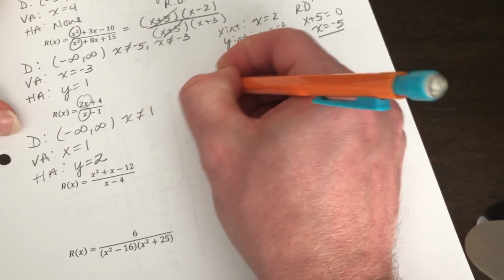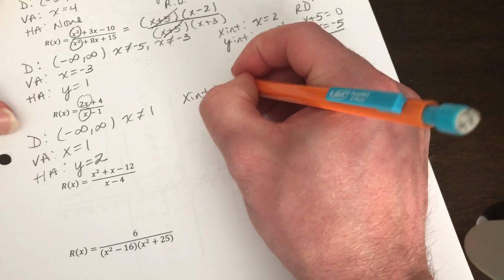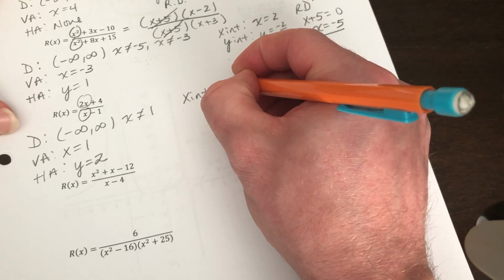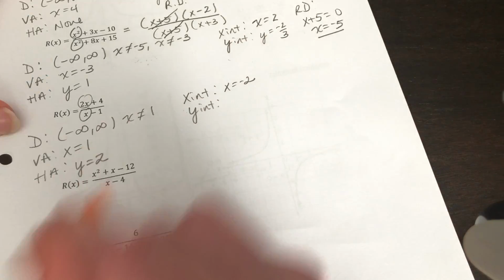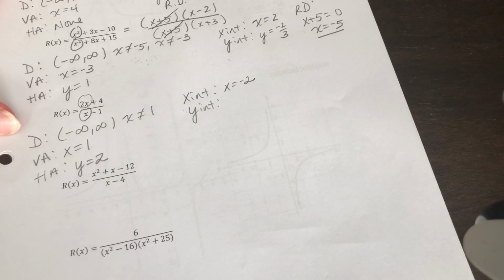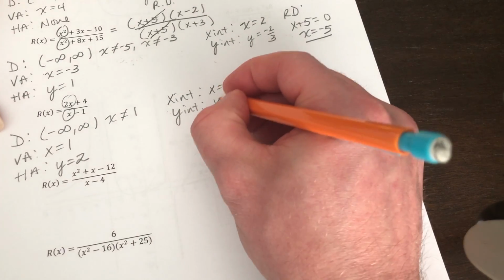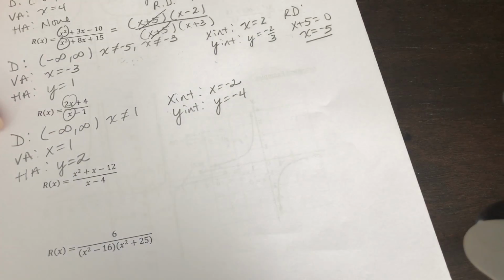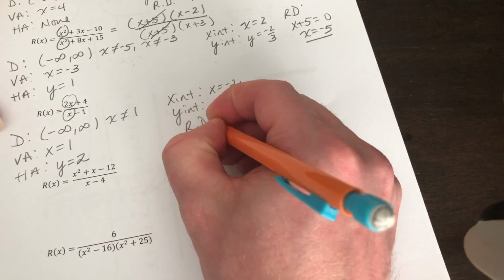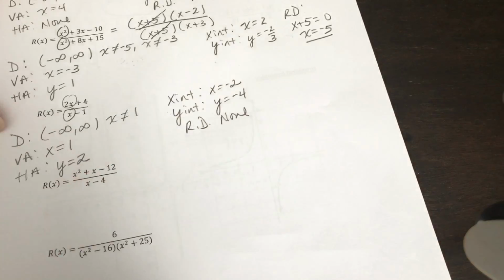X-intercepts. It should be negative 2. Y-intercept, plug in a 0, so 4 over negative 1, so it's negative 4. And removable discontinuity is none, because you're not canceling anything top and bottom.